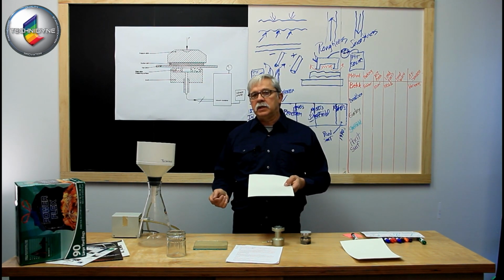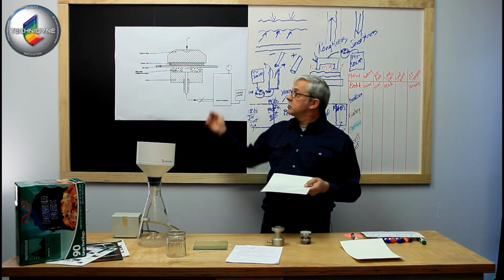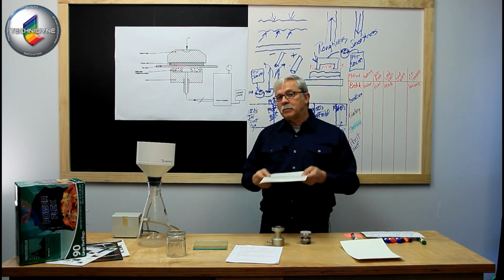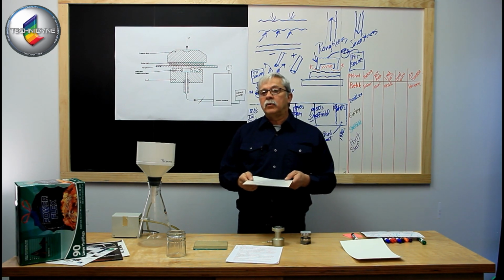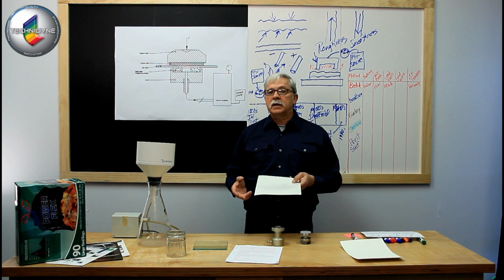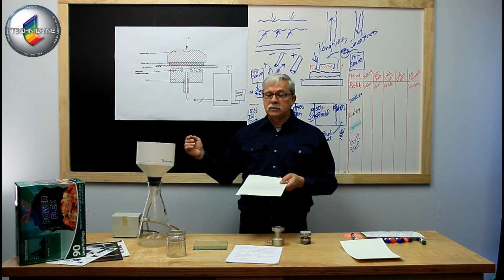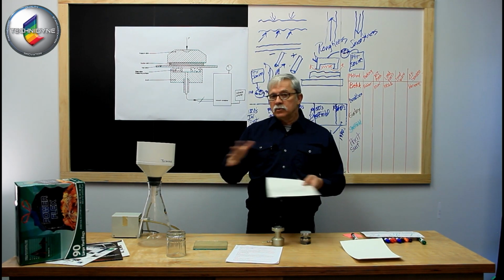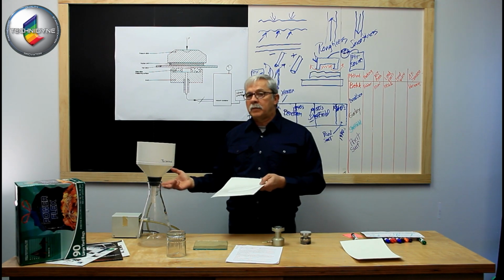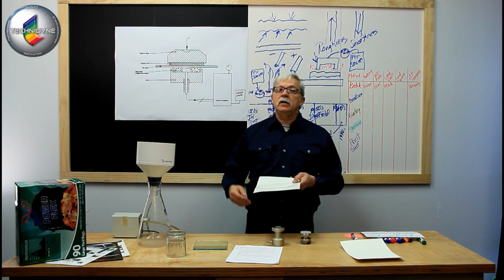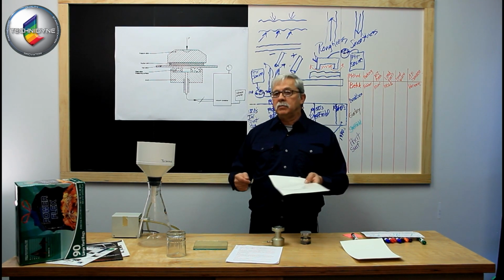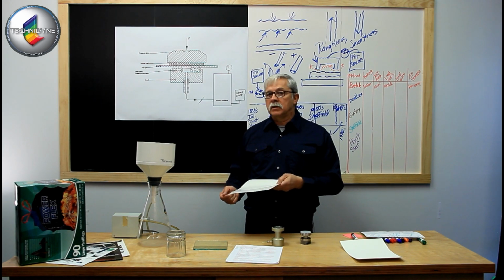If I put sample C in here, maybe I'm going to get 175. So now I know that my customer would accept a range of 175 Bekk seconds all the way up to 200 Bekk seconds. And I can use those numbers to provide to my production people to either maintain or change the process and make the product that customer is looking for.